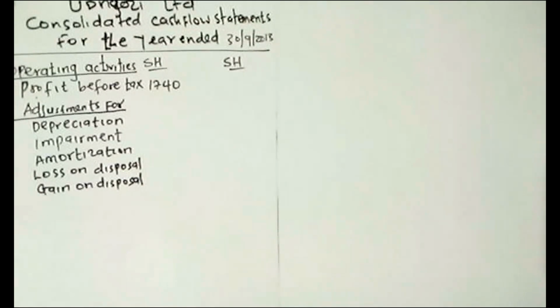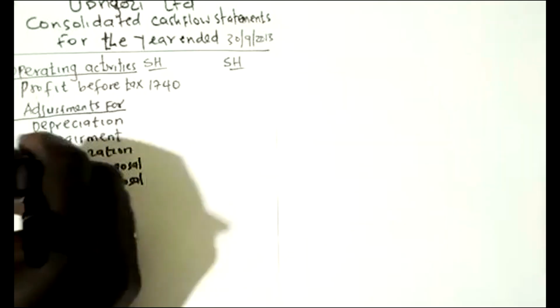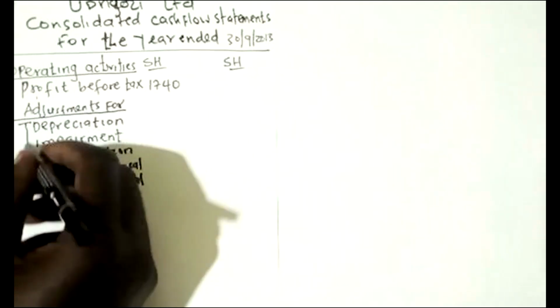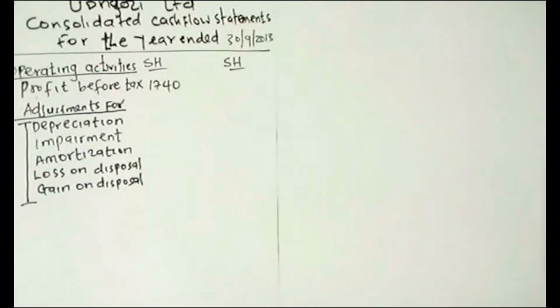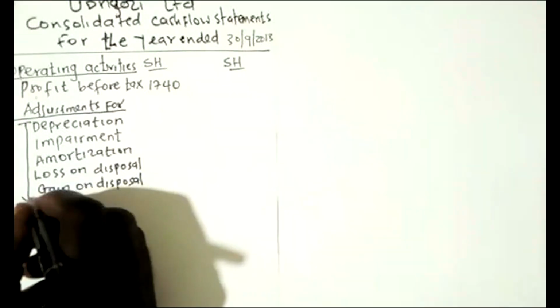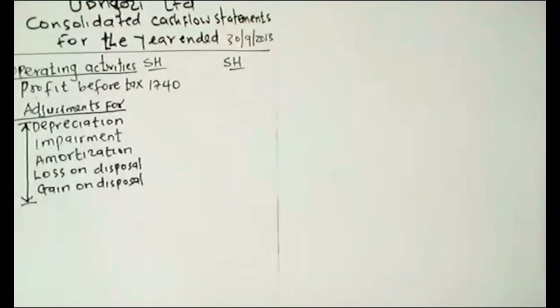So these ones you write before you check if they are present or not. That is the only way you can do this cash flow in an easier way.